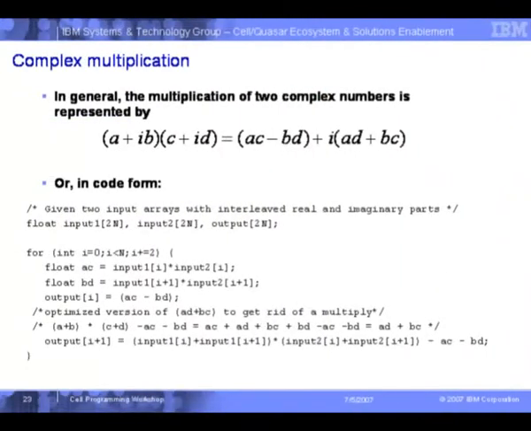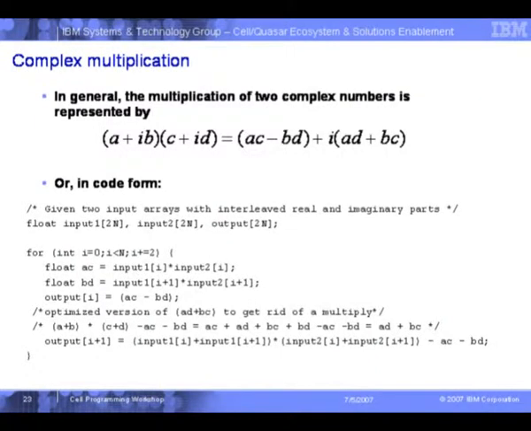So input 1 will be consisting of A0, B0, A1, B1, A2, B2, A3, B3 and so on. Input vector 2 will be consisting of C0, D0, C1, D1, C2, D2, C3, D3 and so on. So they are interleaving the real and imaginary parts into the two input arrays. And similarly the resultant will be containing the real and imaginary parts in interleaved fashion.